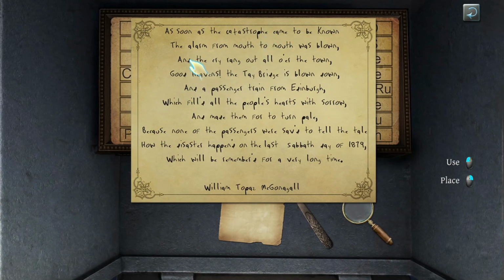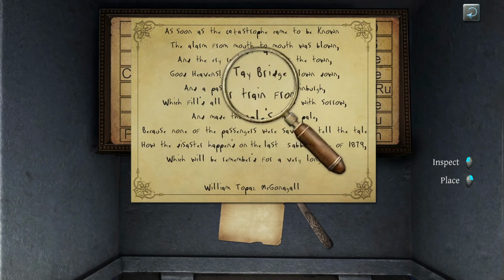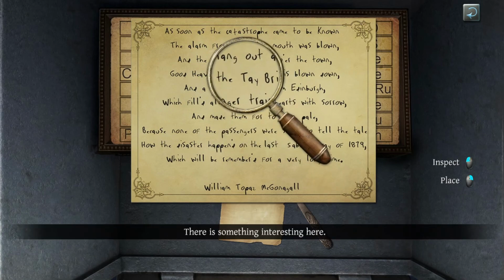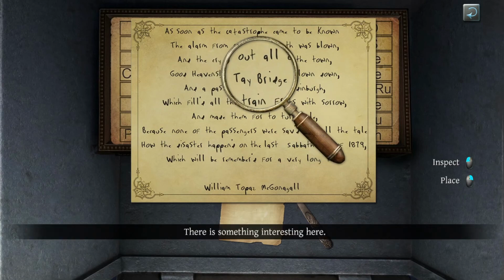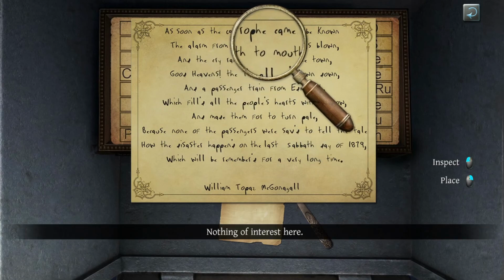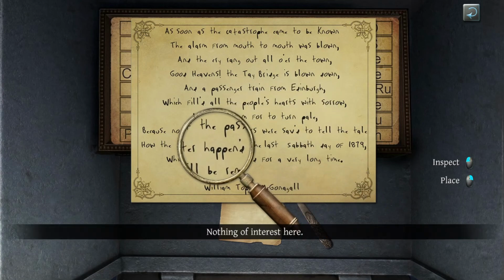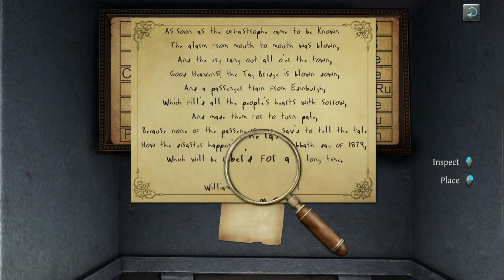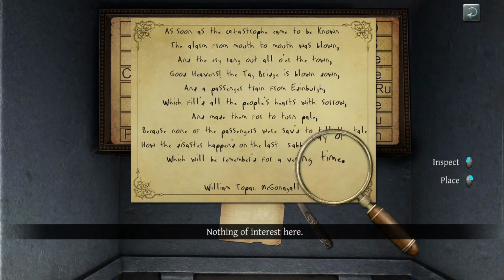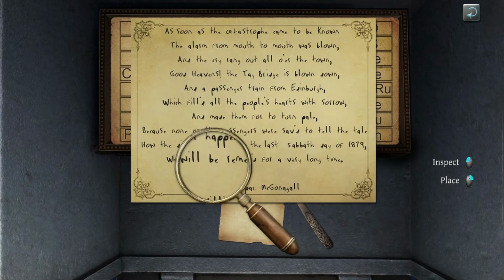There is definitely something odd with these letters. There is something interesting here. Nothing of interest here. Okay.